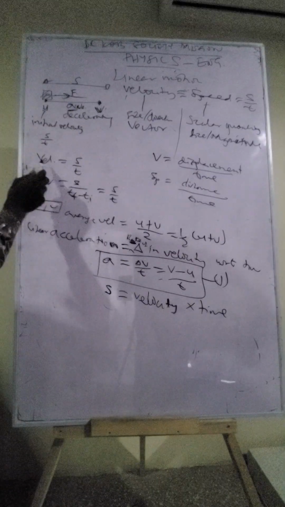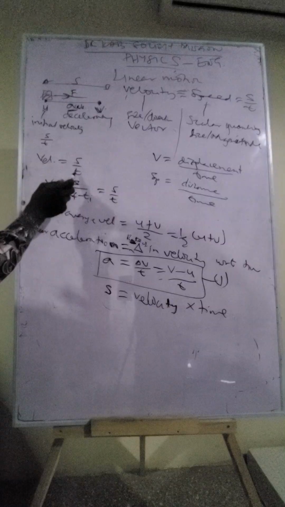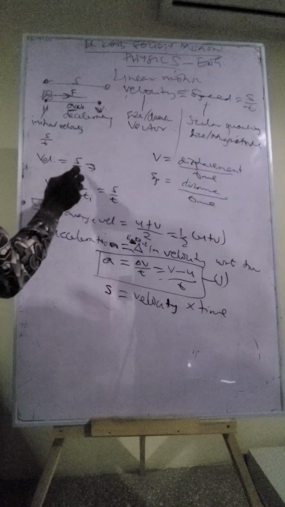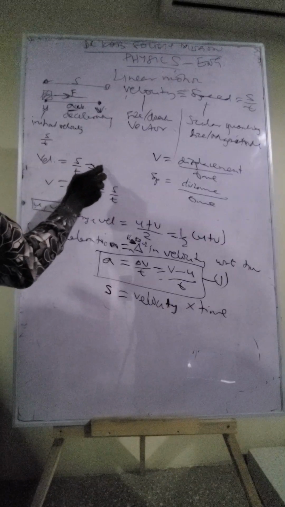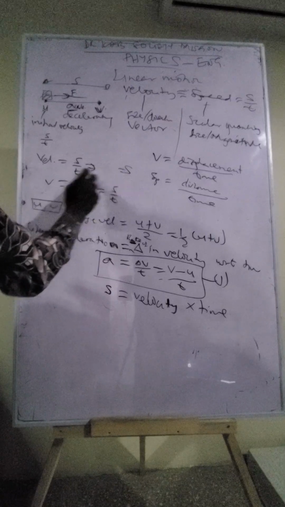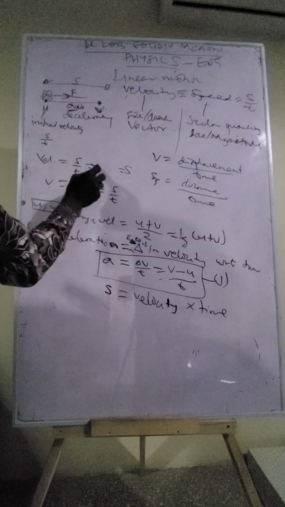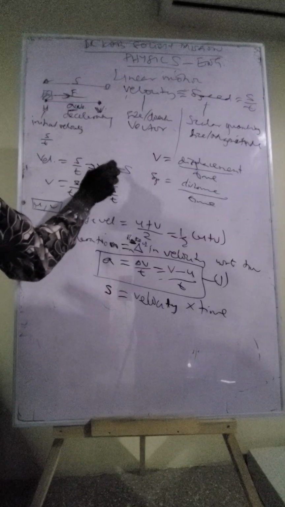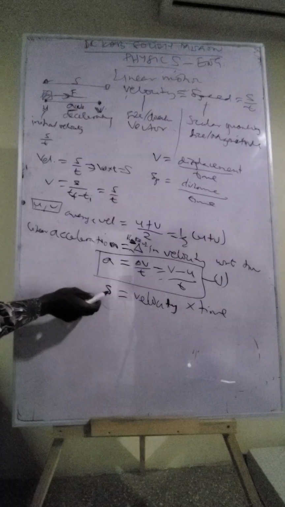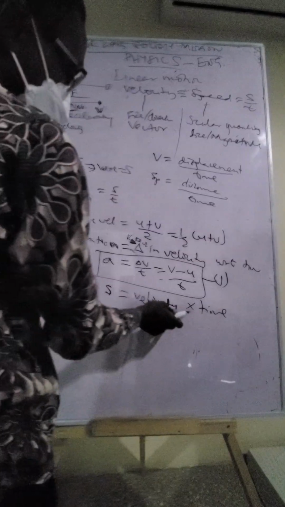From here, we said velocity is equal to distance over time. So this implies that S, if we bring T over, it is multiplied, so it will be equal to velocity times T. And that's what is written here. Distance is equal to velocity times T.